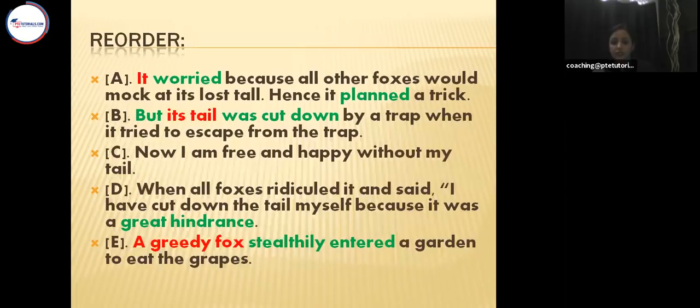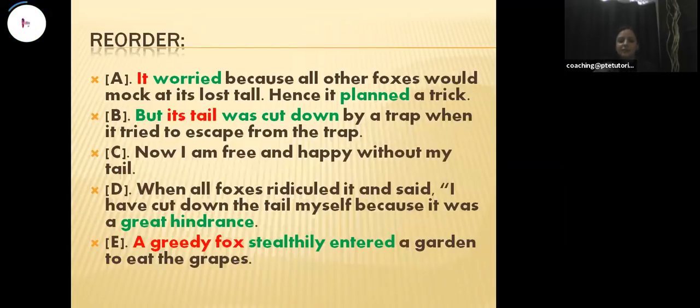It means stealthily entered, she's doing something wrong. Then "it worried because all the other foxes worried" means something must have happened there. So I chose number B. But its tail was cut down.